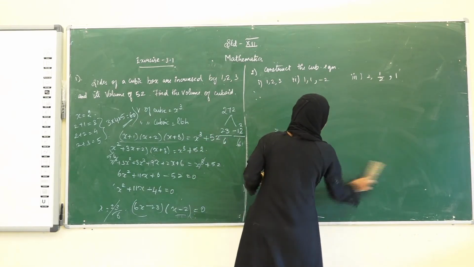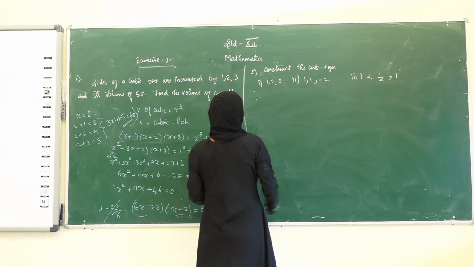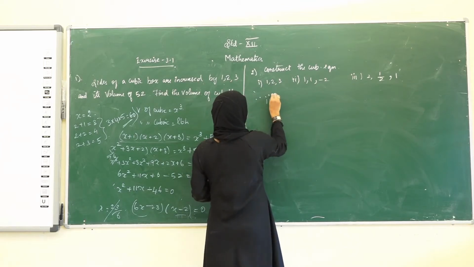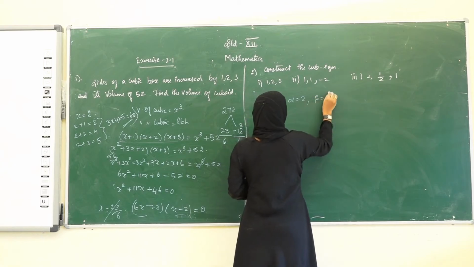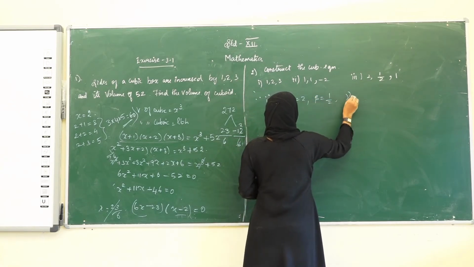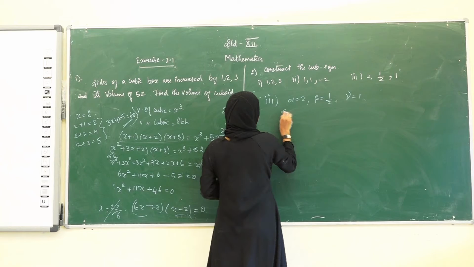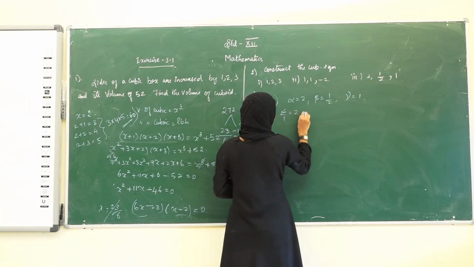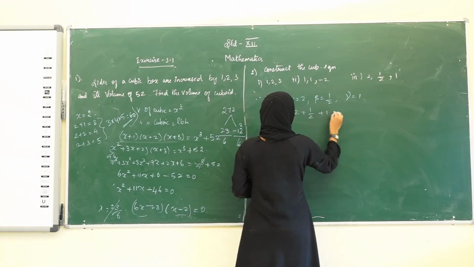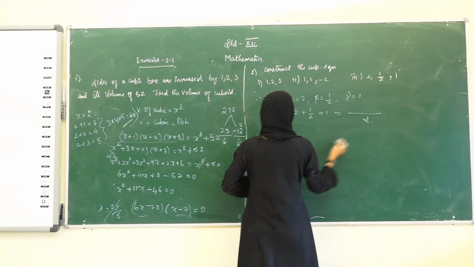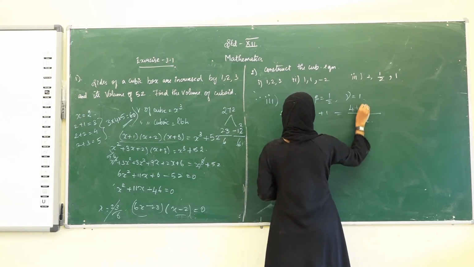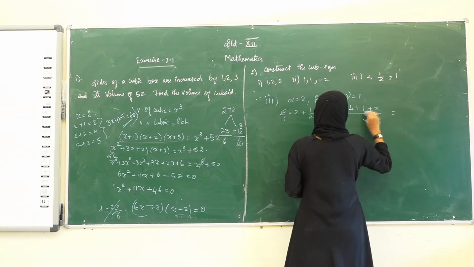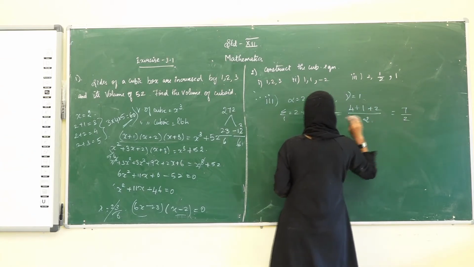Let us move on to the third subdivision. Here, given alpha is equal to 2, beta is equal to 1 by 2, and gamma is equal to 1. So summation 1 is 2 plus 1 by 2 plus 1. Taking 2 as the LCM, 4 plus 1 plus 2, so 7 divided by 2.